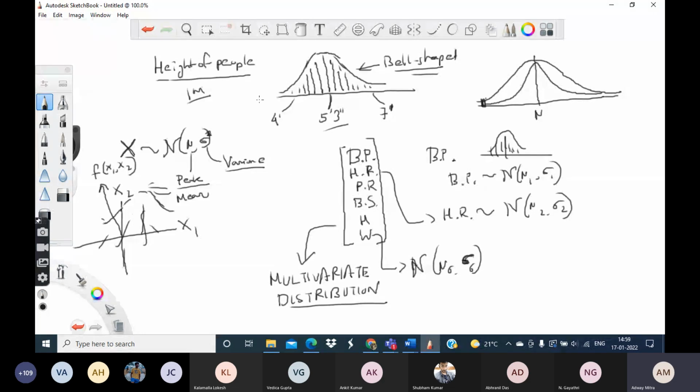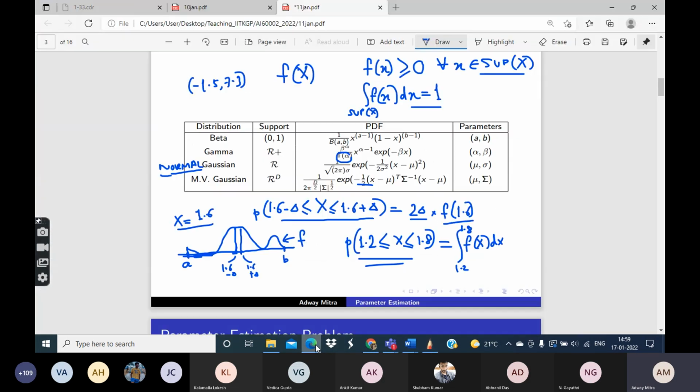That means in that 6-dimensional space there is a peak, and beyond the peak the PDF values go down symmetrically in all directions. So what the distribution does is that it attaches a probability value to every point in that 6-dimensional space.